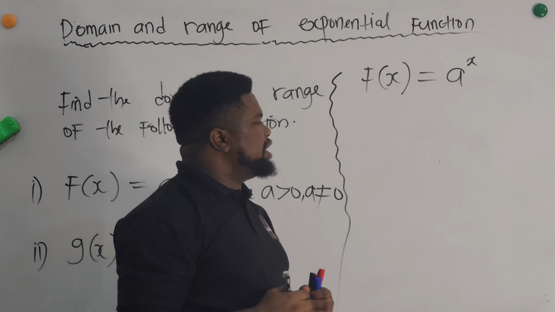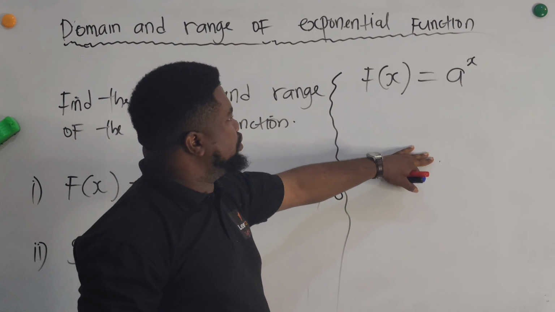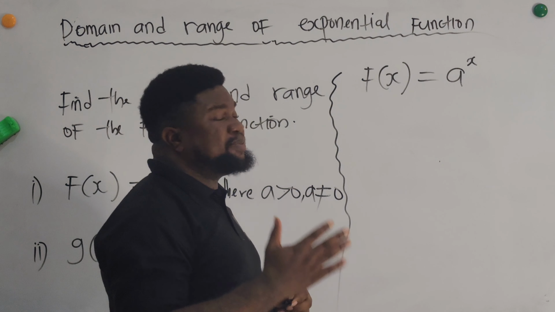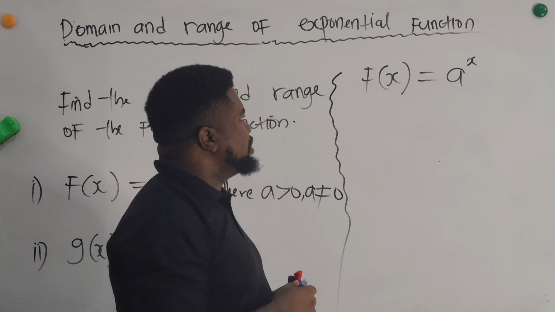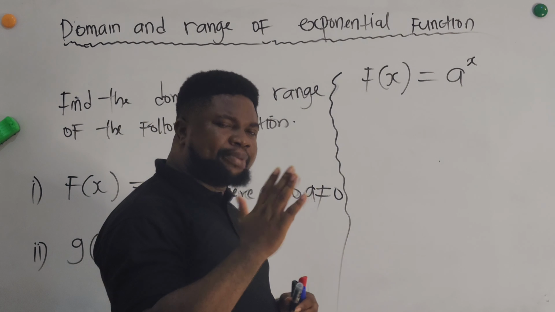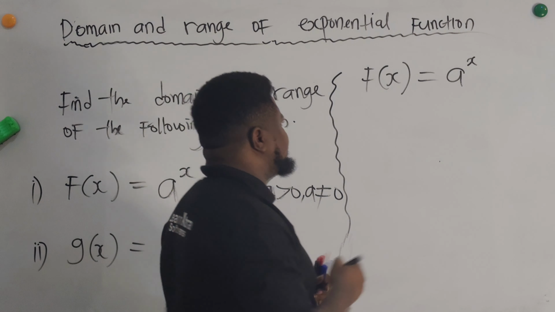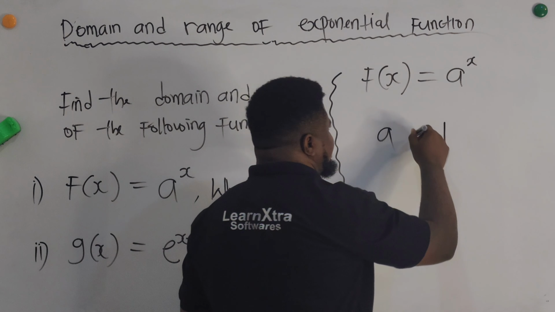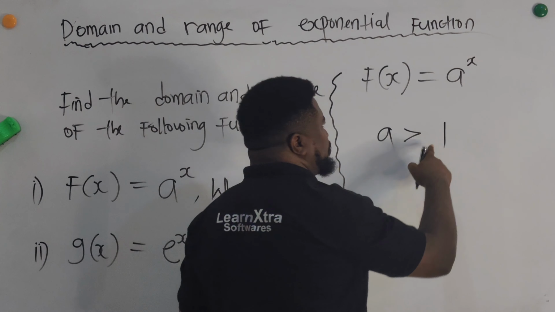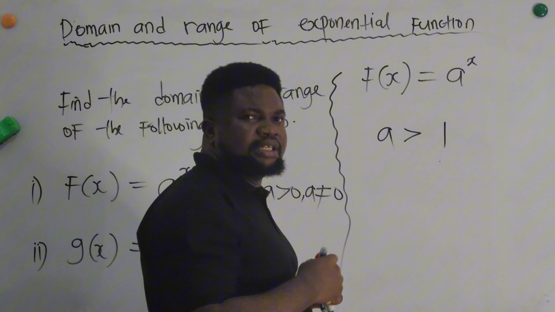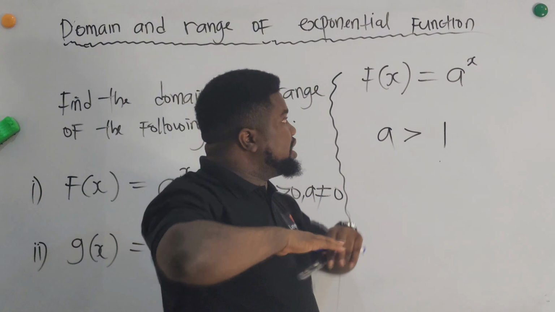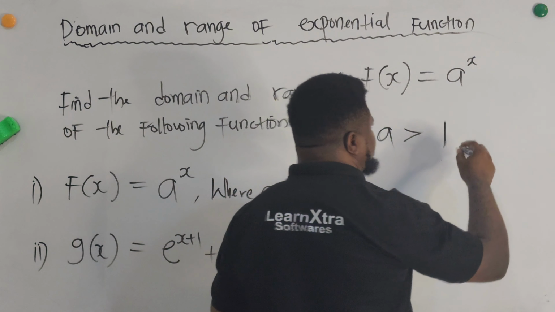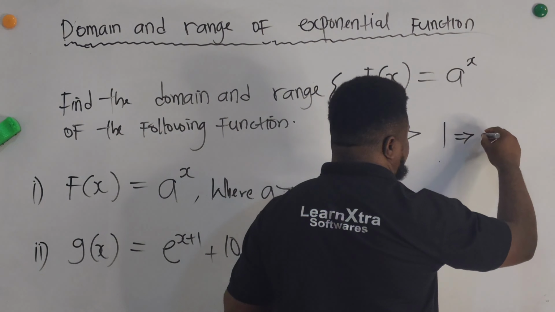Let me throw more light on this function. For an exponential function like this, there's something about 1. What happens if a is bigger than 1? The function will be increasing rapidly, very fast.